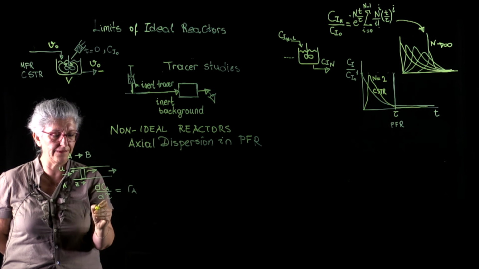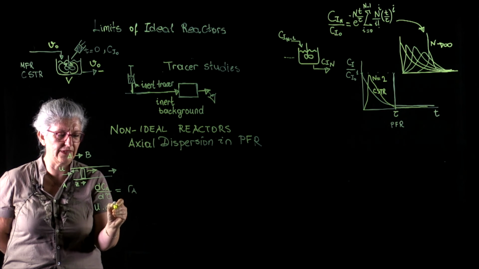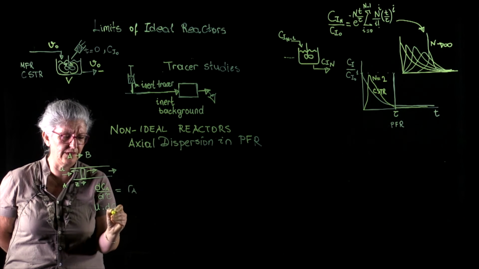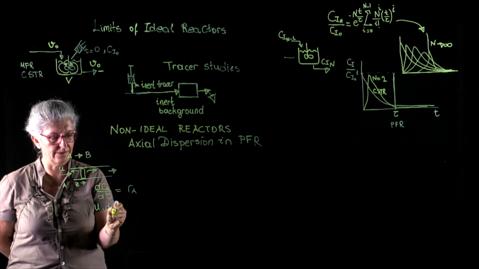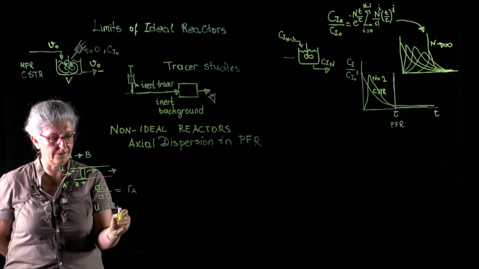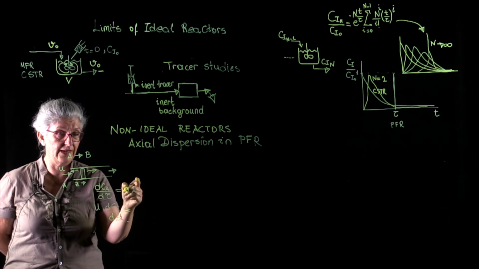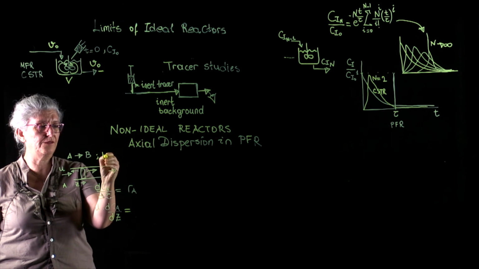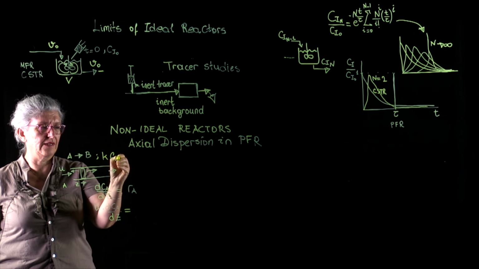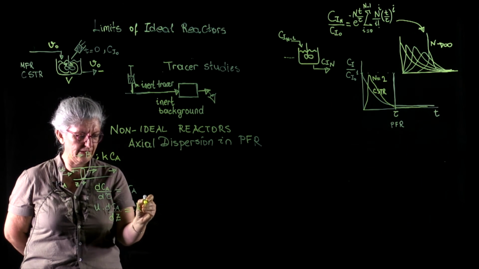So we are going to rewrite this as u times dCA over dz equal to R_A. Let's just have a first order reaction here for the sake of simplicity in the mathematics.